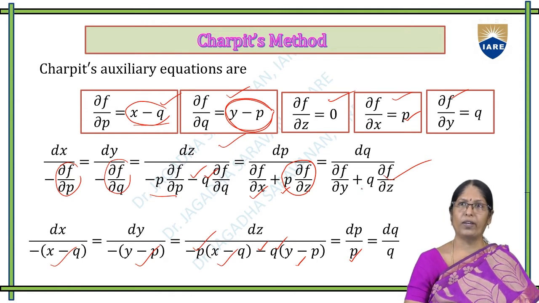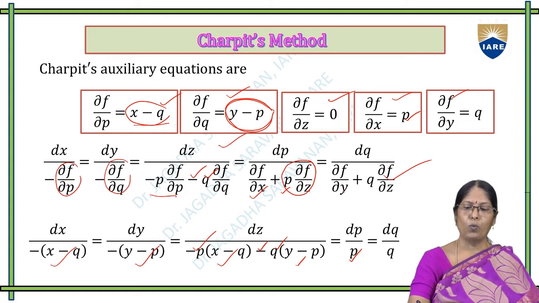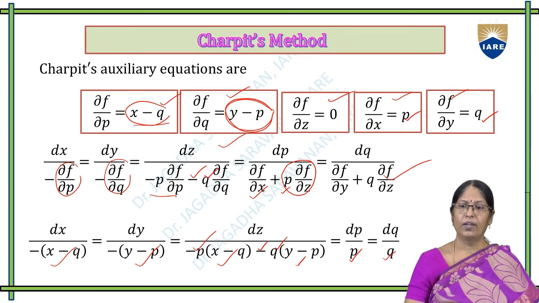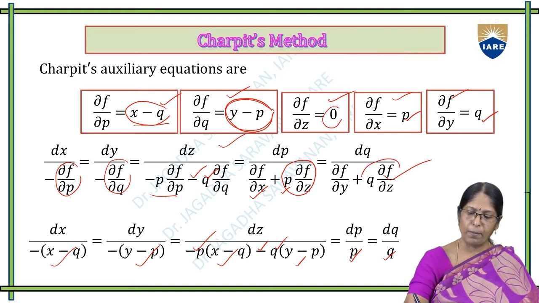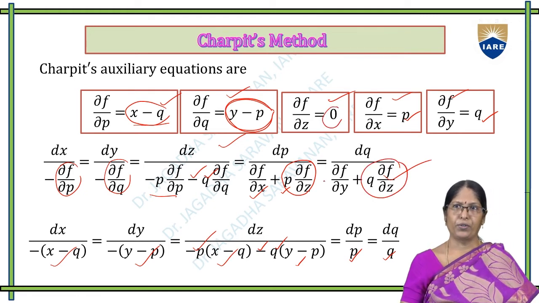The last one is dq over ∂f/∂y + q ∂f/∂z: ∂f/∂y is q, which we substituted, plus q times ∂f/∂z, that is 0, so that completely vanishes.